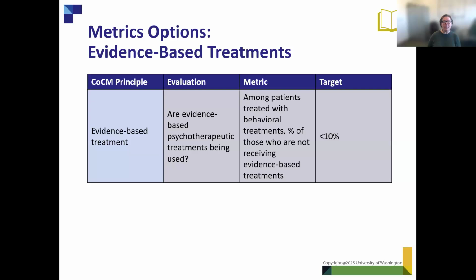Even though they may be trained in evidence-based techniques, it can sometimes be easy to engage in more general supportive counseling rather than using a proven technique. It can be challenging to track this because the mode of treatment may be embedded within a text note in the EHR. But if healthcare organizations can track this, it can be helpful.